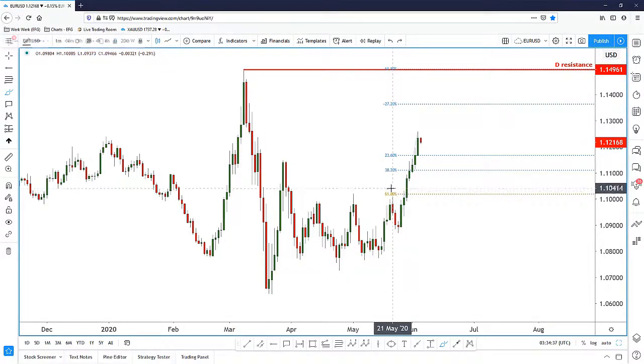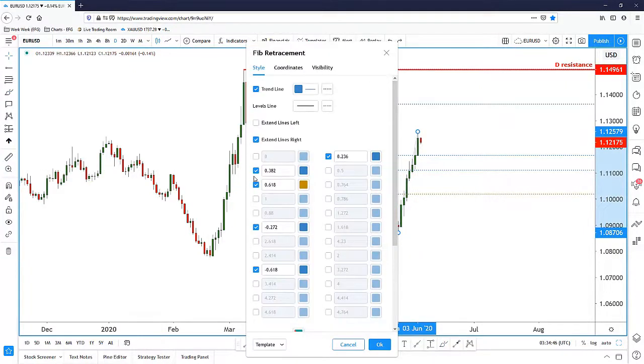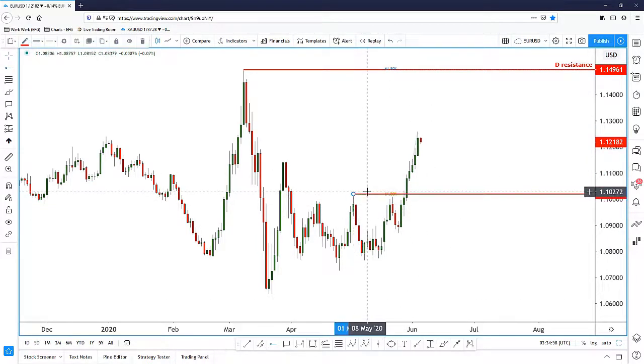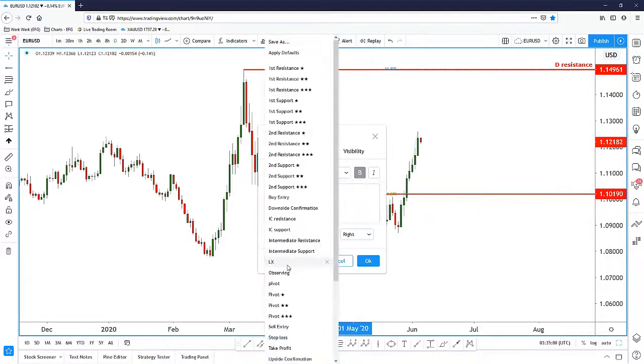On top of that, the 61.8 falls in line with the level where price broke out of. So I want to highlight both the negative 27 and the 61.8, and the negative 61.8. I'm just going to put the level here and put this as the daily support.